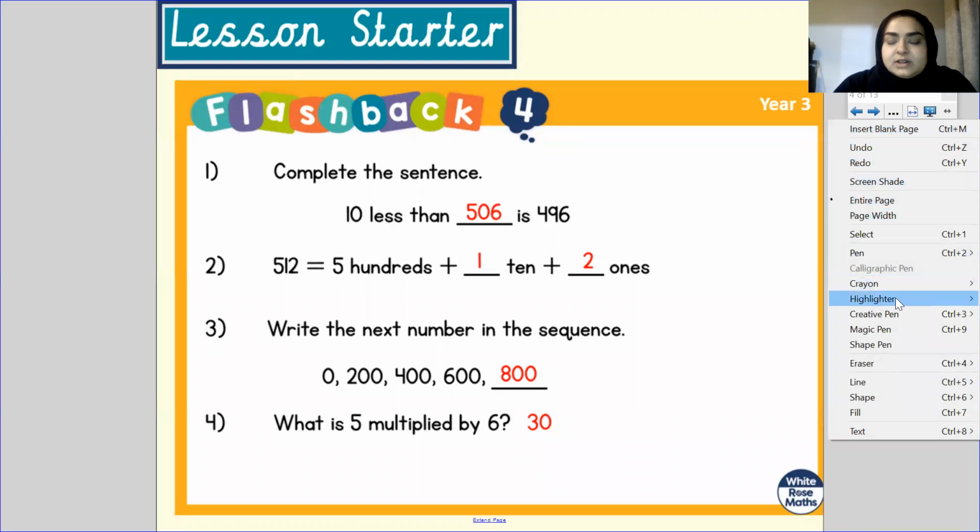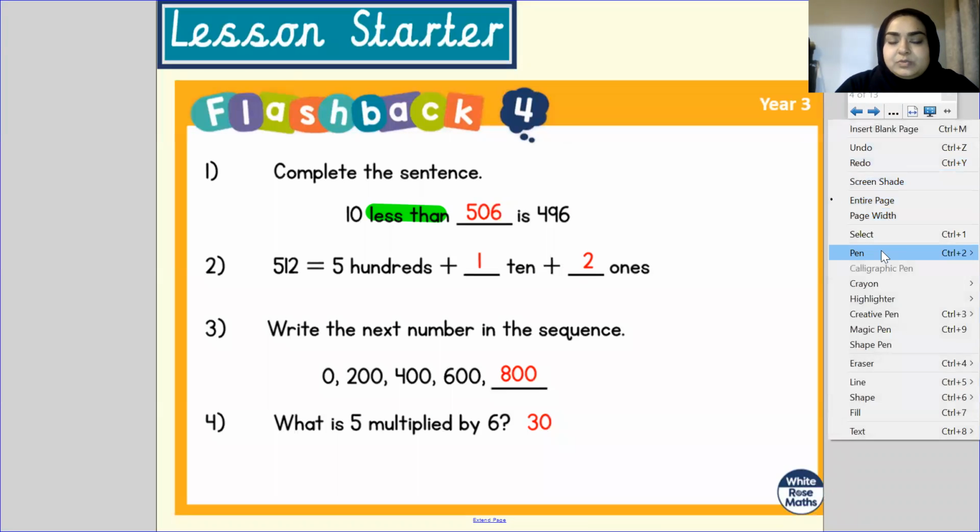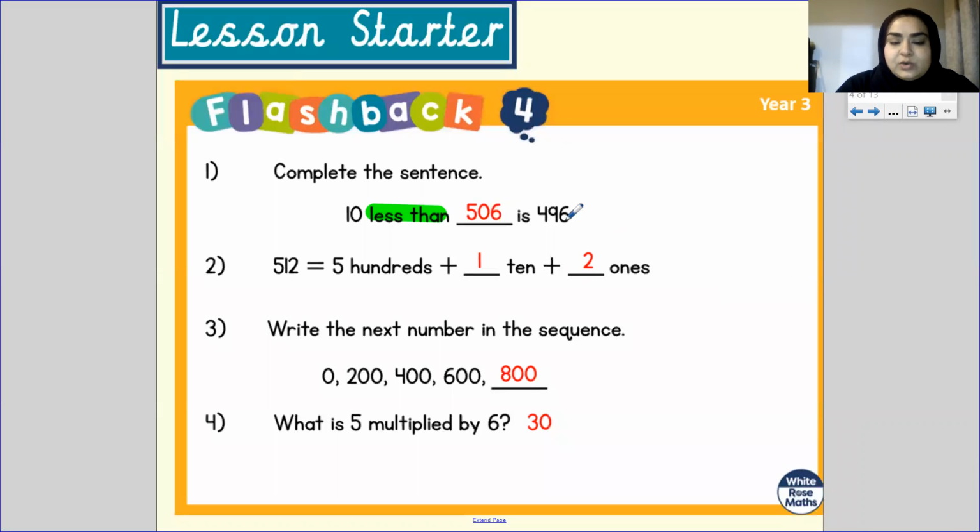So question number 1 says, complete the sentence. Something less than 10 is 496. And the answer should be 506. So what this question means is something take away 10, because we know less than is 10, gives you 496.